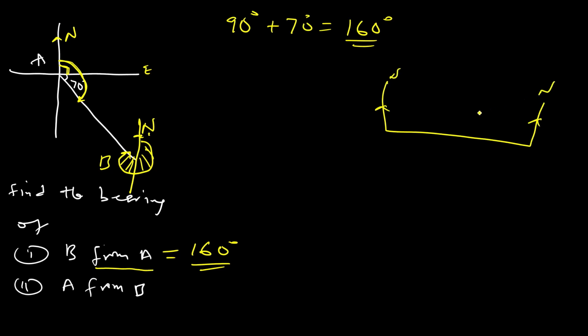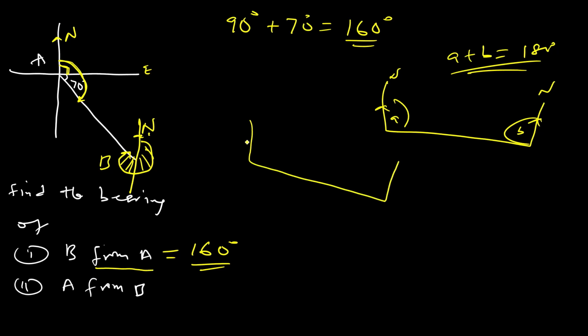In coordinate or plane geometry, when two lines are parallel like this, the angles a plus b add up to 180 degrees. Can we spot this here? Yes. This side from here is 160, and let's call this alpha.